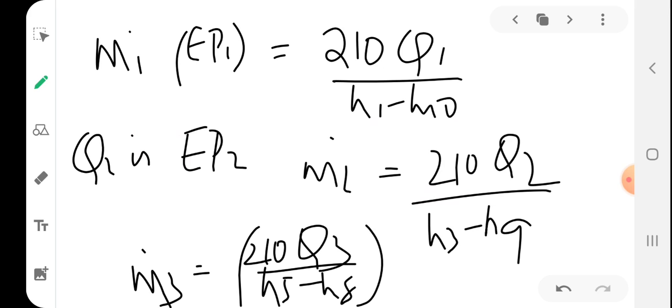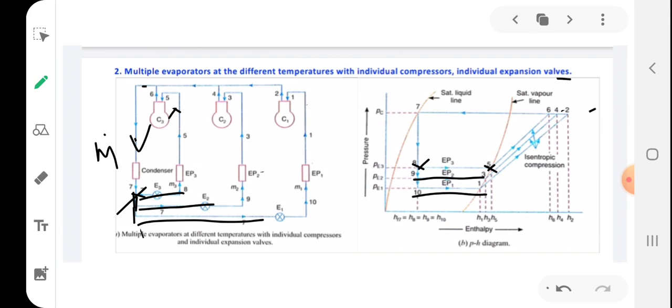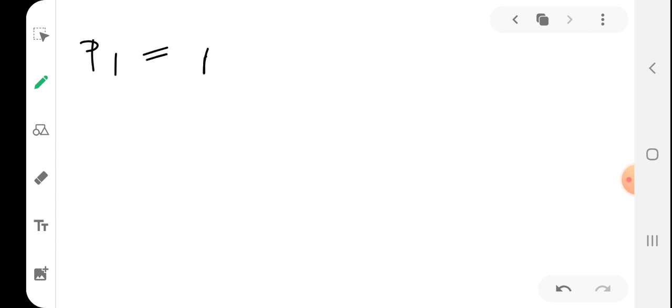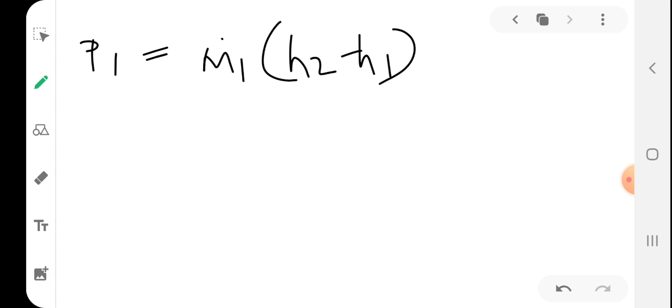Now we have to find the work. The power in the first compressor, from 1 to 2, with M1 dot flowing through it, will be P1 equals M1 dot into H2 minus H1, divided by 60 to get kilowatts.